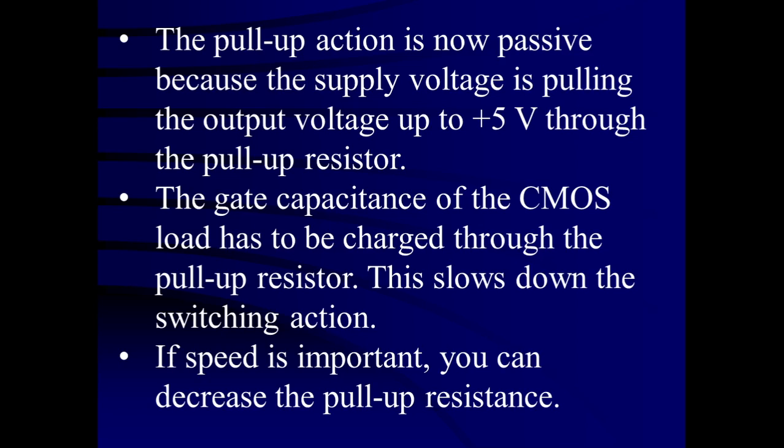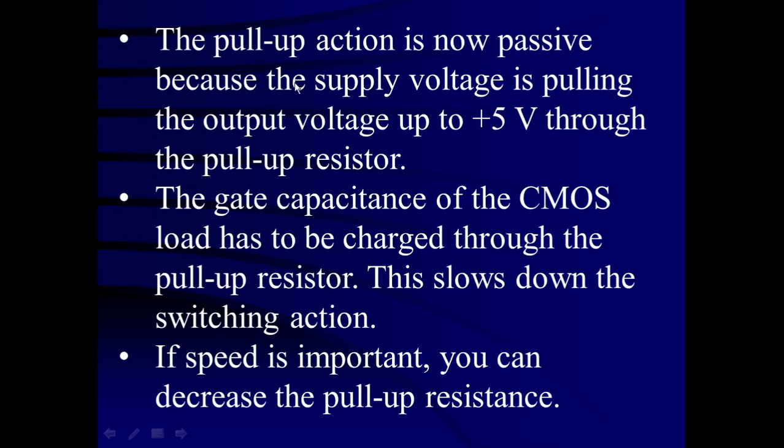If the value of resistance is higher, like this 3.3 kilo ohms, the charging time will take more. That means the input voltage is set up over a longer period of time, and hence the propagation delay time of the CMOS also increases, and the action becomes slower, or the speed of operation is slower.